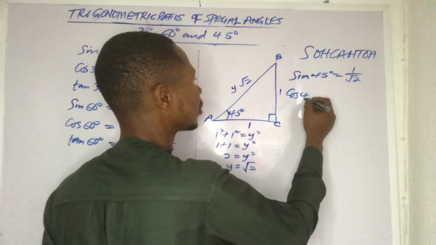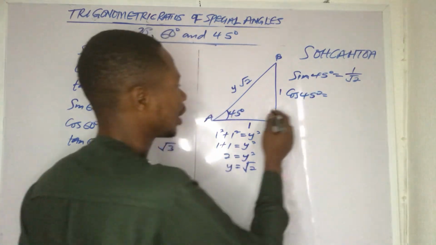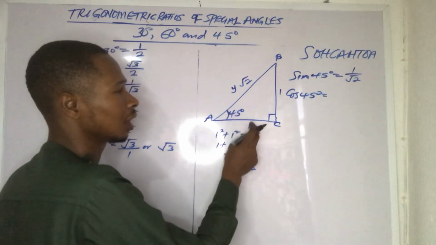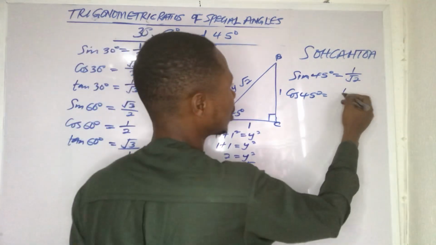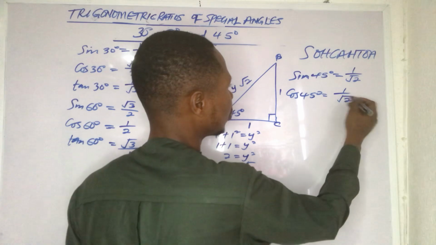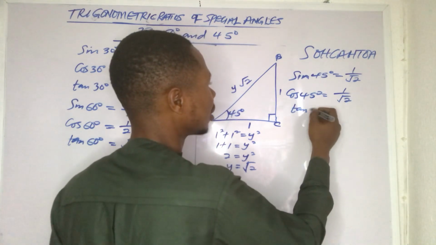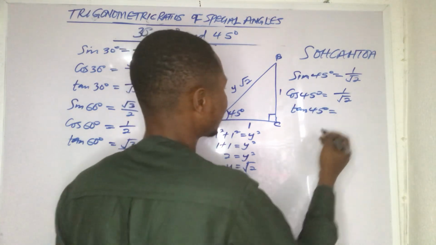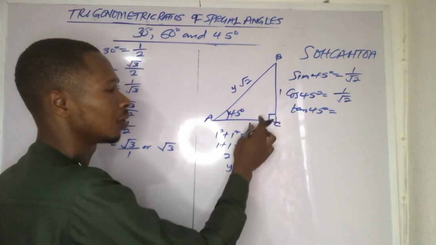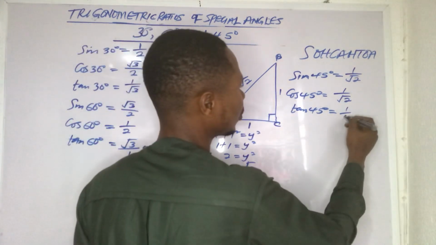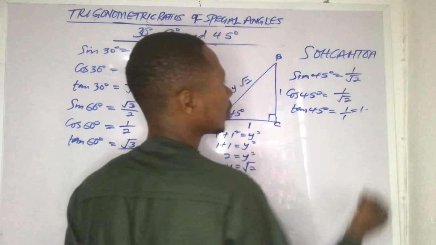Then you have cos 45, adjacent over hypotenuse. That is still 1 over root 2. Then tan 45 is equal to opposite over adjacent. That's 1 over 1, which is 1.